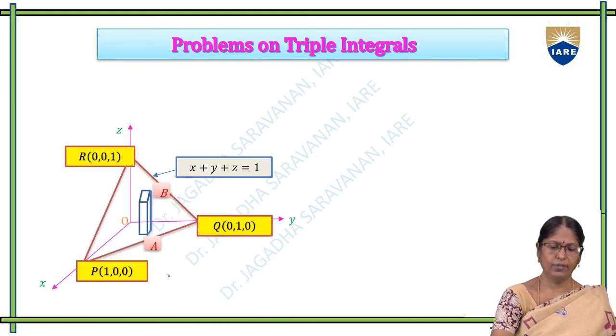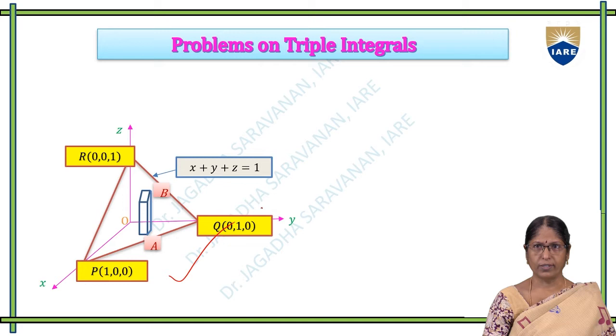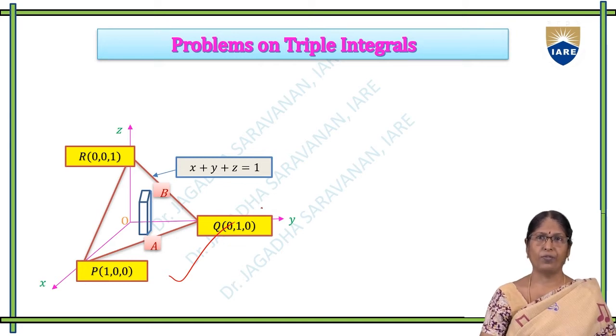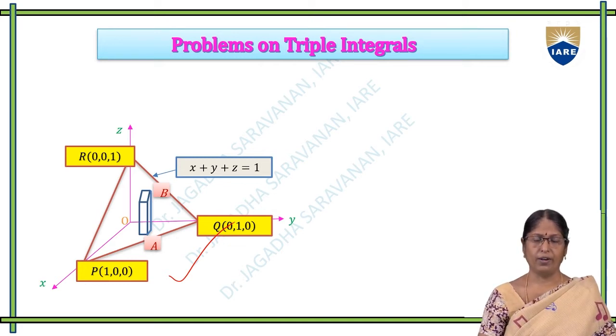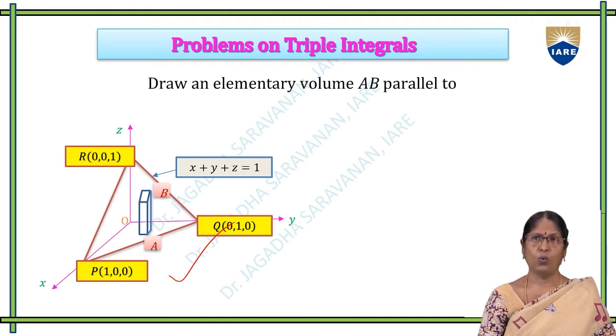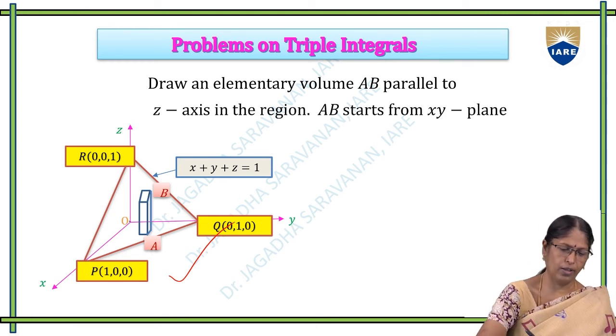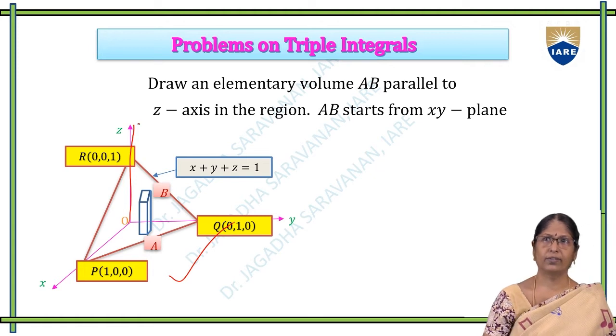Now, this is the figure which we have just done, the animated one, the complete figure, kept here as a group. Now, we will solve this problem, for which we are taking a strip AB which is parallel to our z-axis.